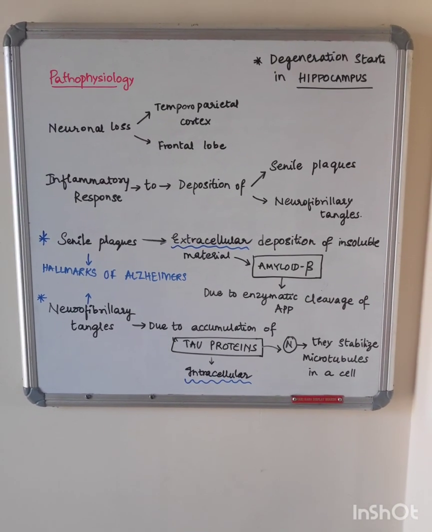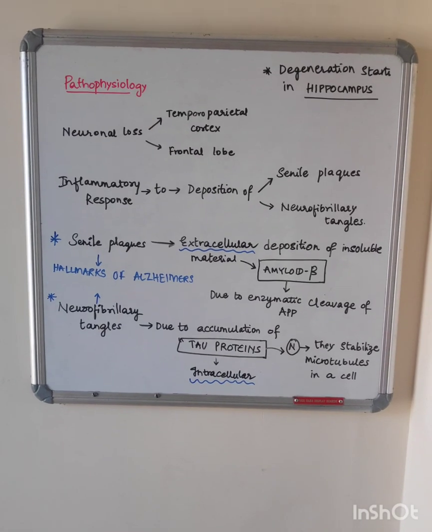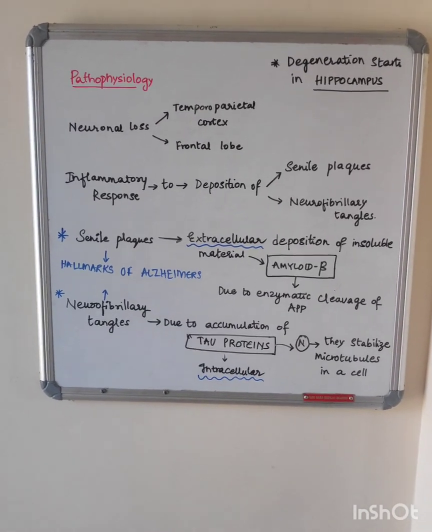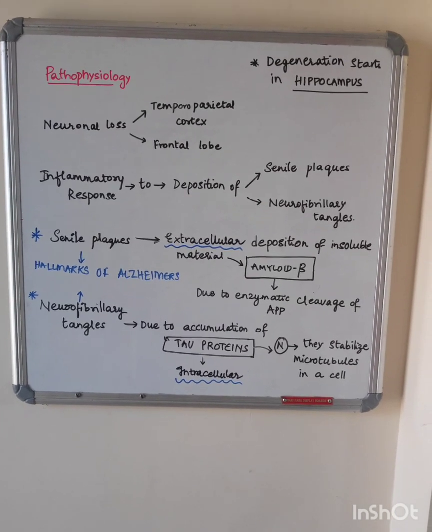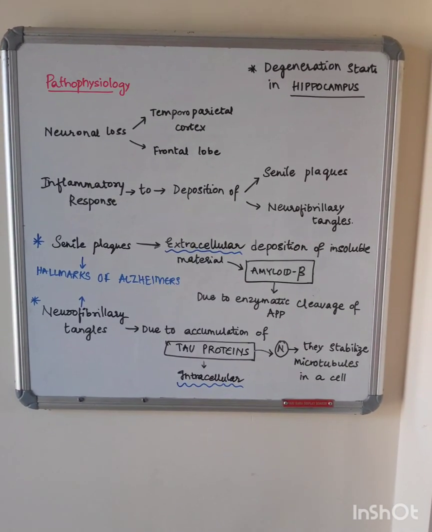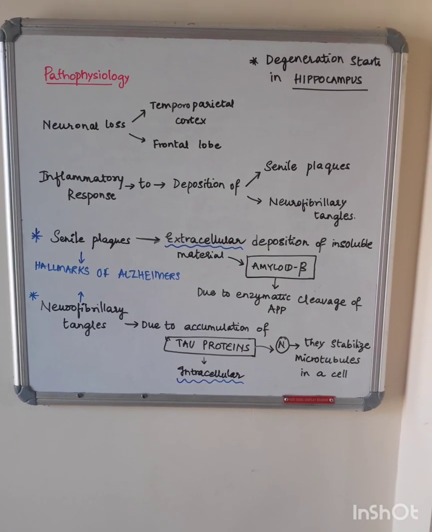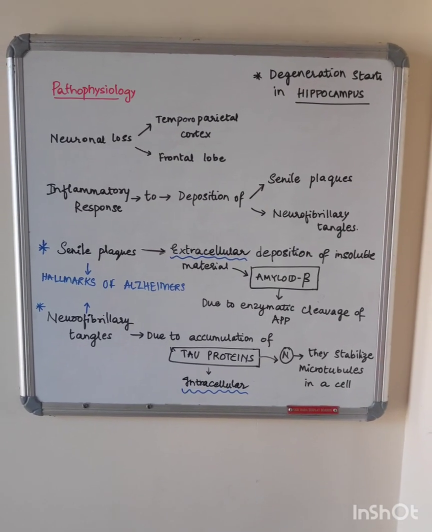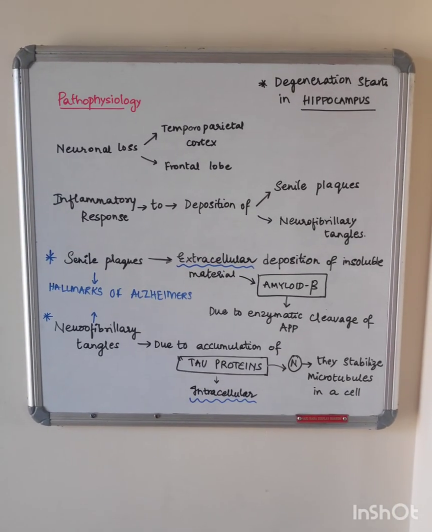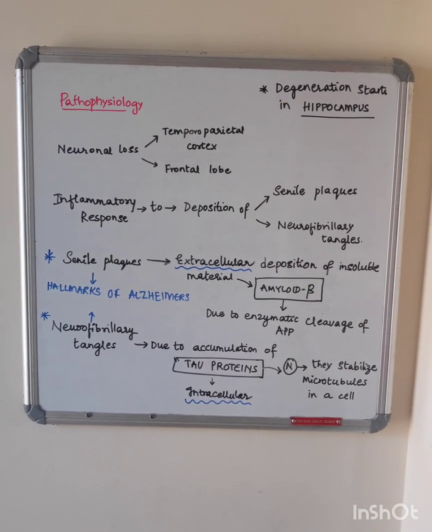Now coming to the pathophysiology of Alzheimer's disease, as I have said, it is nothing but neuronal loss, that is a degenerative disease. The neuronal loss occurs in the temporoparietal cortex and also in the frontal lobe. But first, the degeneration starts in the hippocampus area. As the hippocampus area is for memory, the memory is lost, and the clinical features are according to the neuronal loss involved in the lobes.